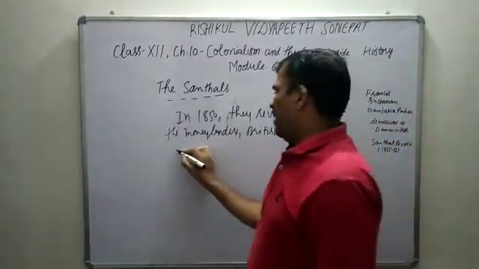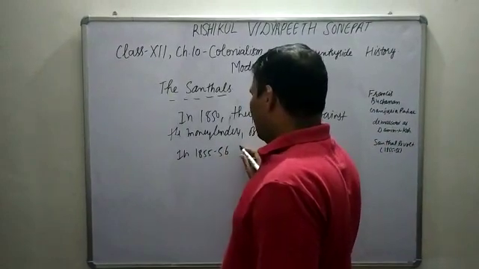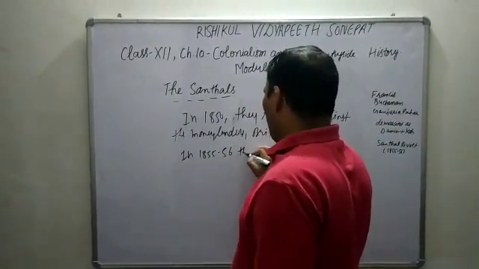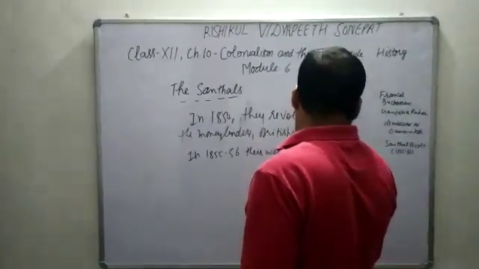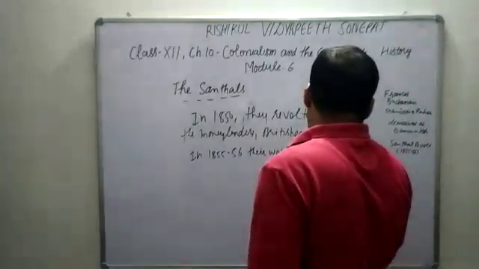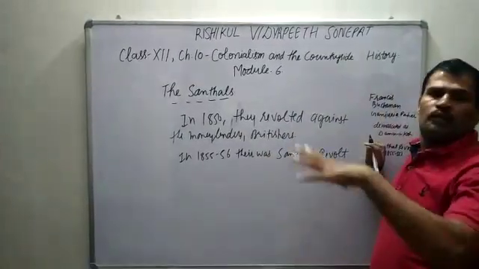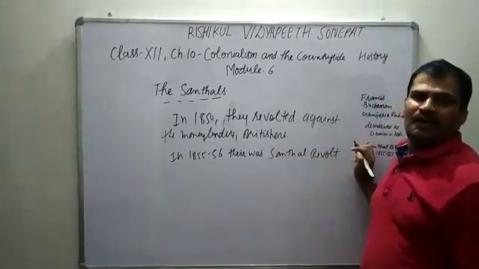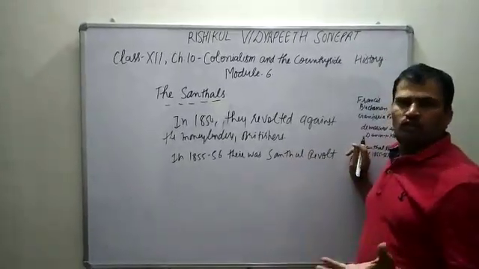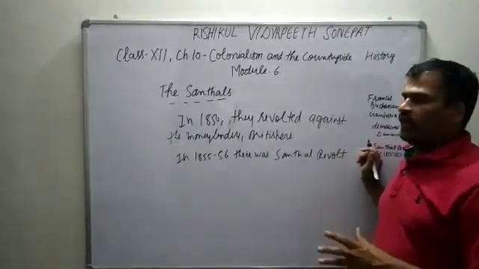In 1855-56 there was the Santhal revolt, and they formed their groups and opposed the moneylenders, Britishers and zamindars, because they did not want to be exploited.